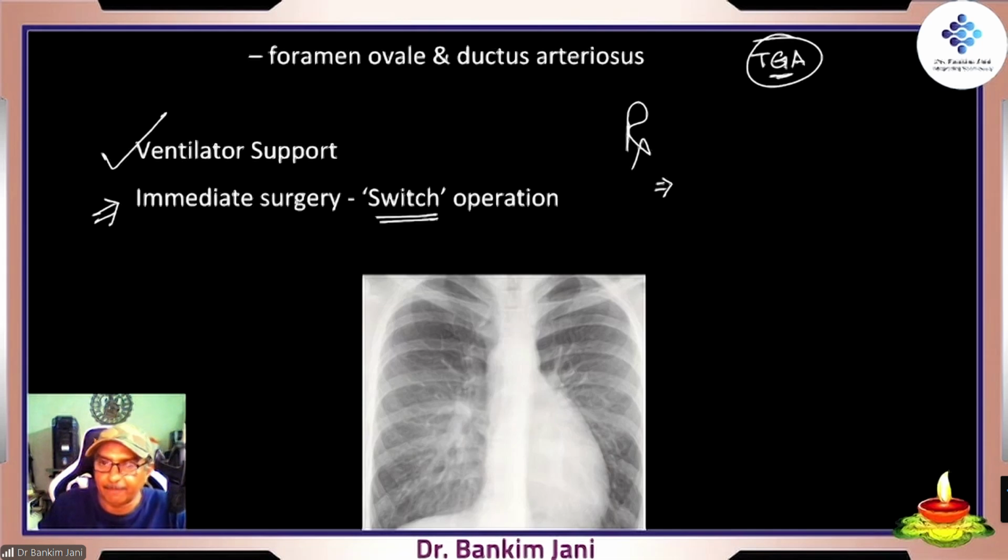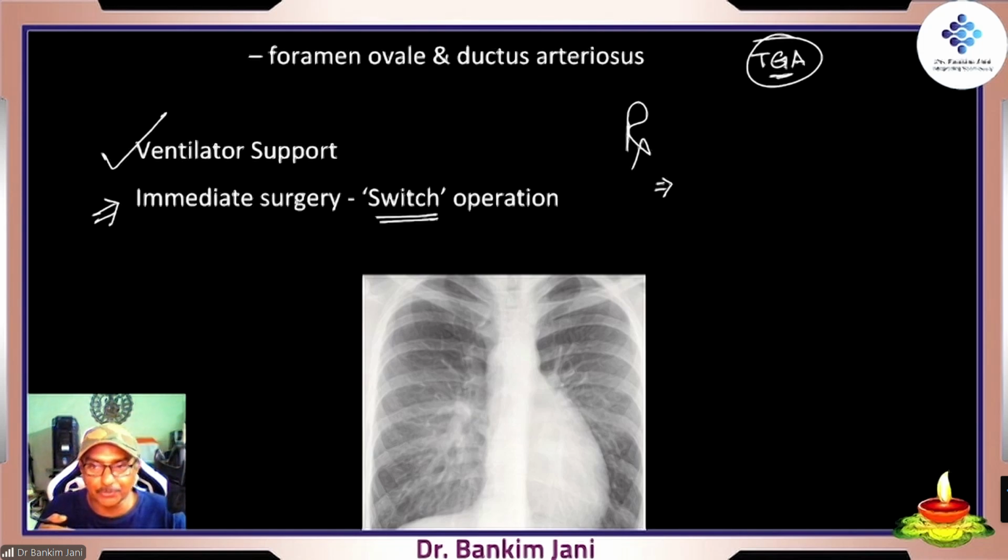You are taking the patient to the OT, operation theater. You have to give one injection. Which one? It will make a big difference in the outcome. And you know the answer. What will you give to keep the ductus arteriosus open?